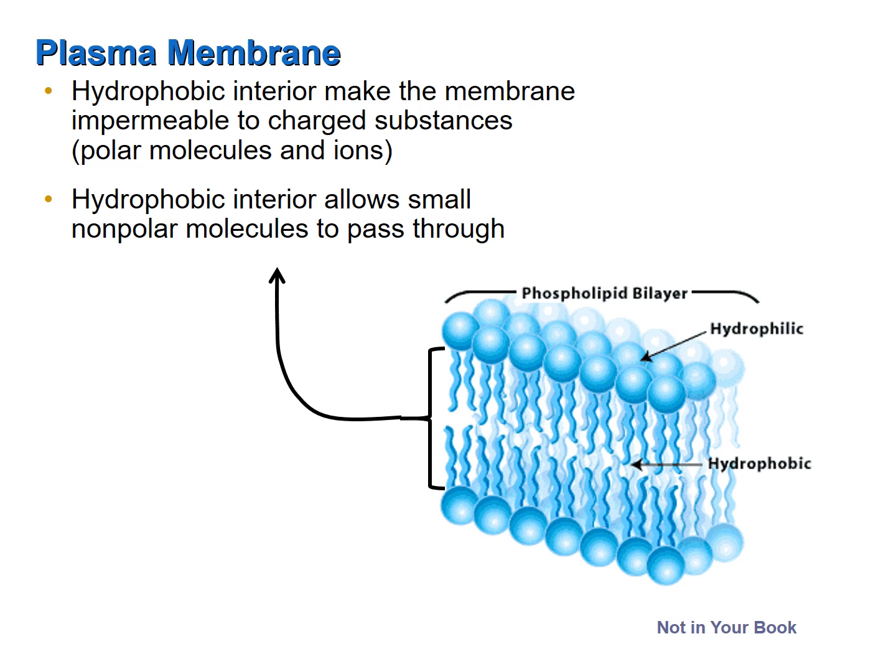So ions, amino acids, mono and disaccharides cannot easily cross the plasma membrane. Nonpolar molecules, molecules very similar to the fatty acid tails that make up the interior of the plasma membrane, can easily pass through the plasma membrane.